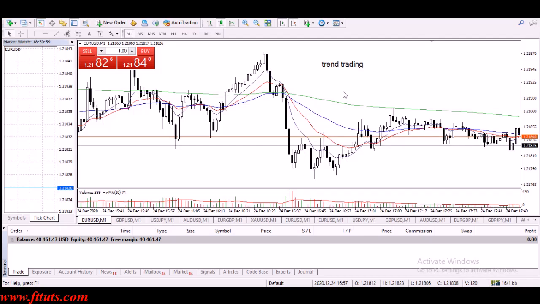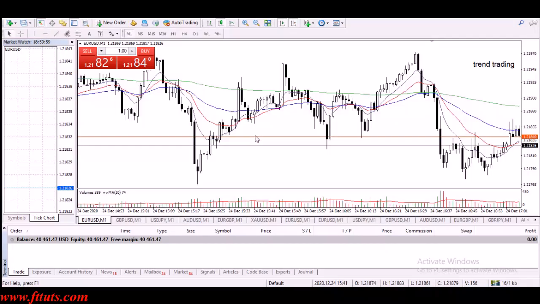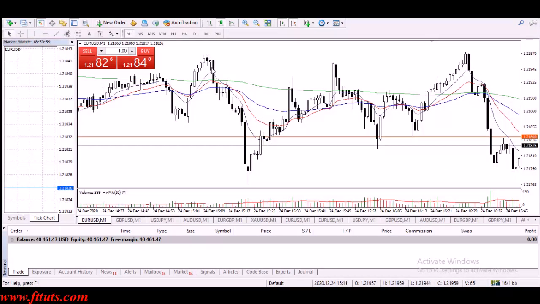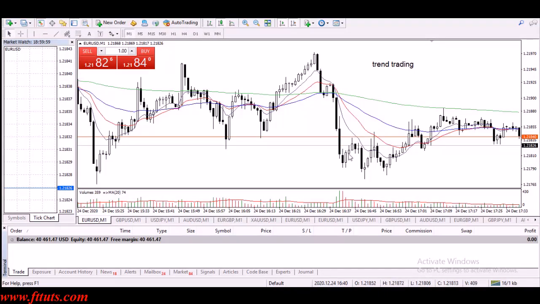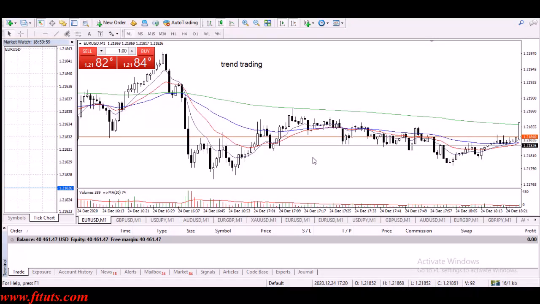And this equilibrium is these EMAs. You see? So between the ups and downs of the market, price is always returning to this equilibrium level. Up, return, down, return, up, return, down, return, and that's the secret.